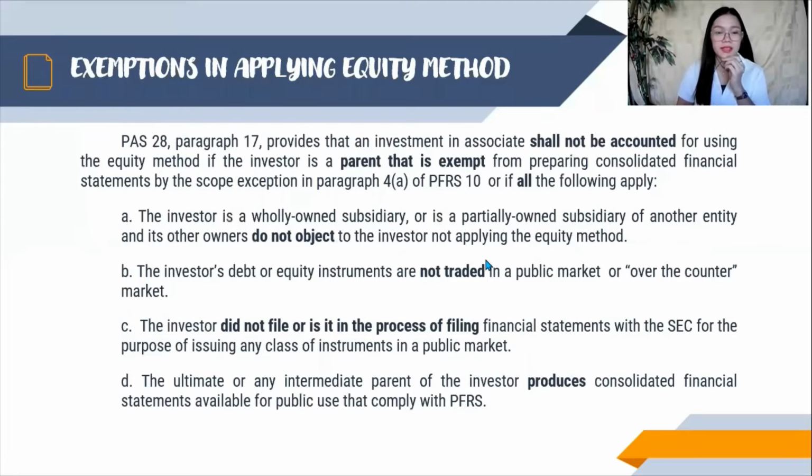Let's discuss exemptions in applying the equity method. There are conditions under which the entity or investor can be exempted from applying the equity method. Under IPAS 28, paragraph 17, an investment in associate shall not be accounted for using the equity method if the investor is a parent that is exempt from preparing consolidated financial statements by the scope exemption in paragraph 4A of PFRS 10.